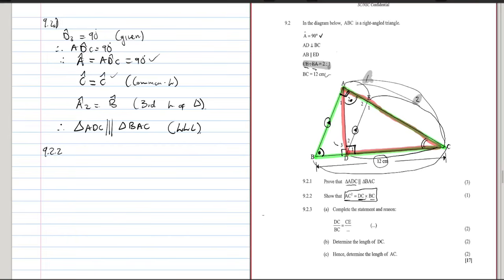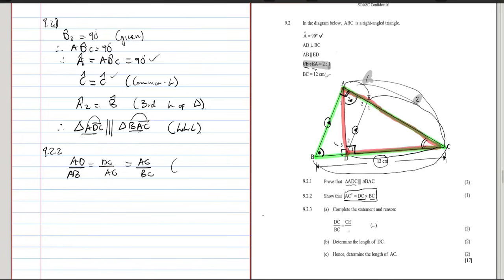So once we have proved the similarities, it means that the corresponding ratios of the sides are going to be equal. We're going to use this: AD divided by BA, or AB, is equal to DC divided by AC, and then AC is equal to it divided by BC.